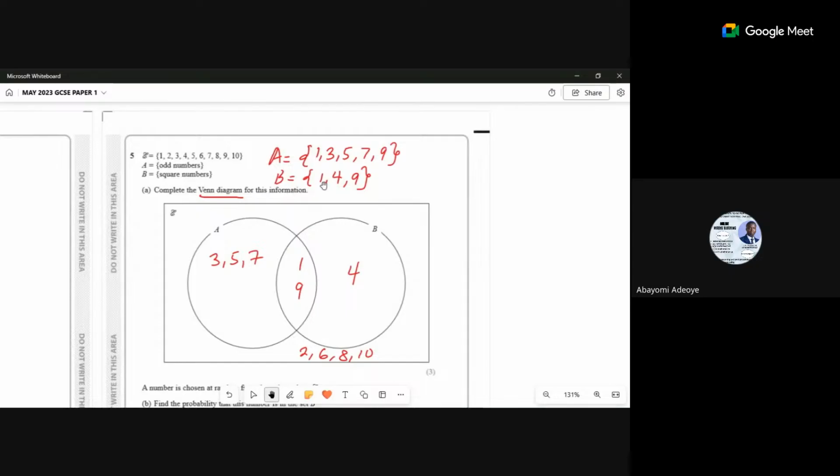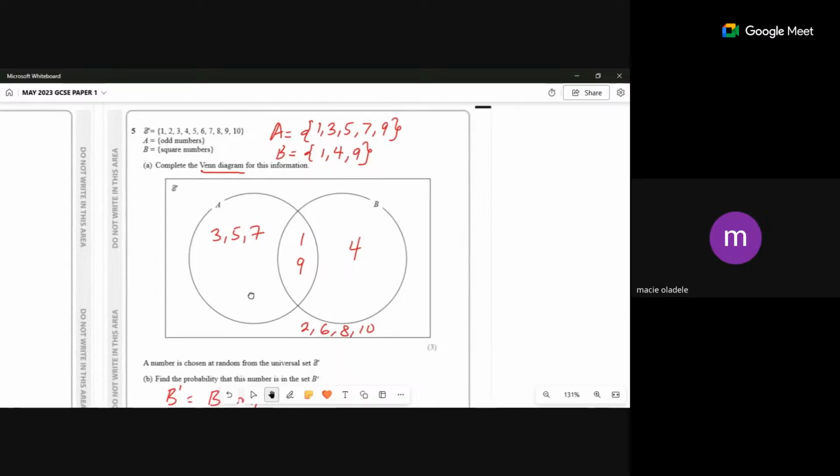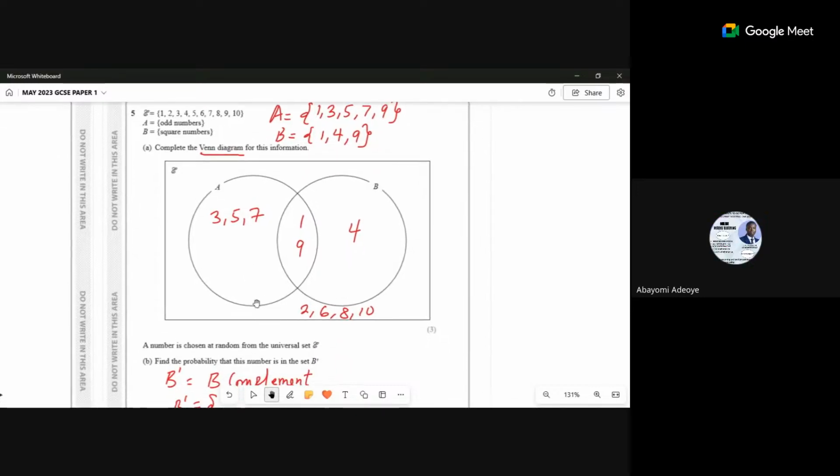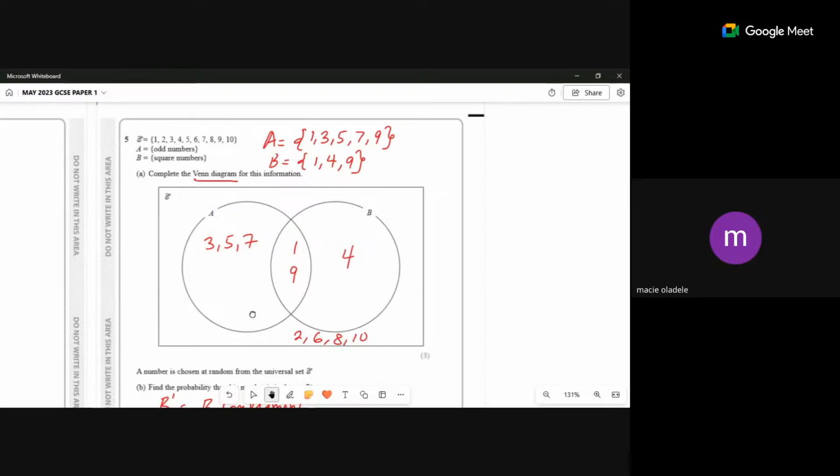So you are going to remove this from the universal set. What do you have left? This is 1, 4, 9. You look at the universal set, 1 to 10. Set B is 1, 4, 9. So what are the leftover elements? I'm a bit confused.